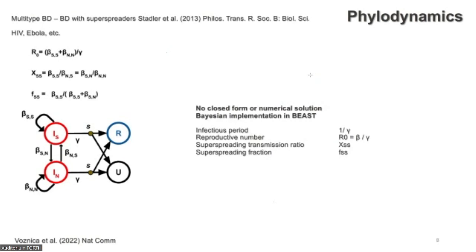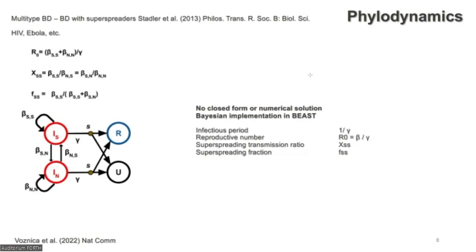Another more complex model that can be used here and that I will talk about a little bit is what's called BDSS, which is a birth-death model with super spreaders. It's exactly as the BD model I showed first, but now the infectious class we divide into subclasses. One is infectious S, which are super spreaders, individuals that spread the disease faster than normal individuals, and the non-super spreader class.